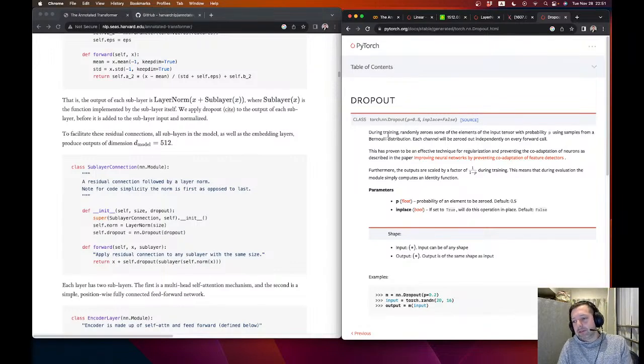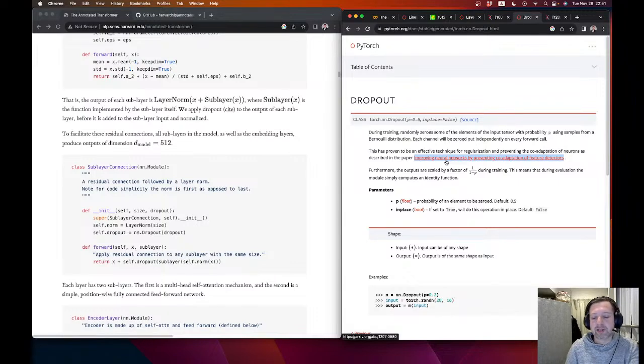It says here this has proven to be an effective technique for regularization and preventing the co-adaptation of neurons, as described in this paper. That's not so easy to understand, but basically it helps prevent overfitting.